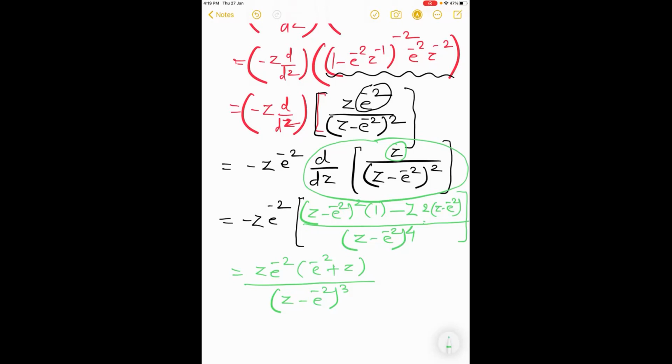So we'll be getting this with modulus of z greater than mod of e raised to minus 2. That is the region of convergence. So this is the answer for the double differentiation.